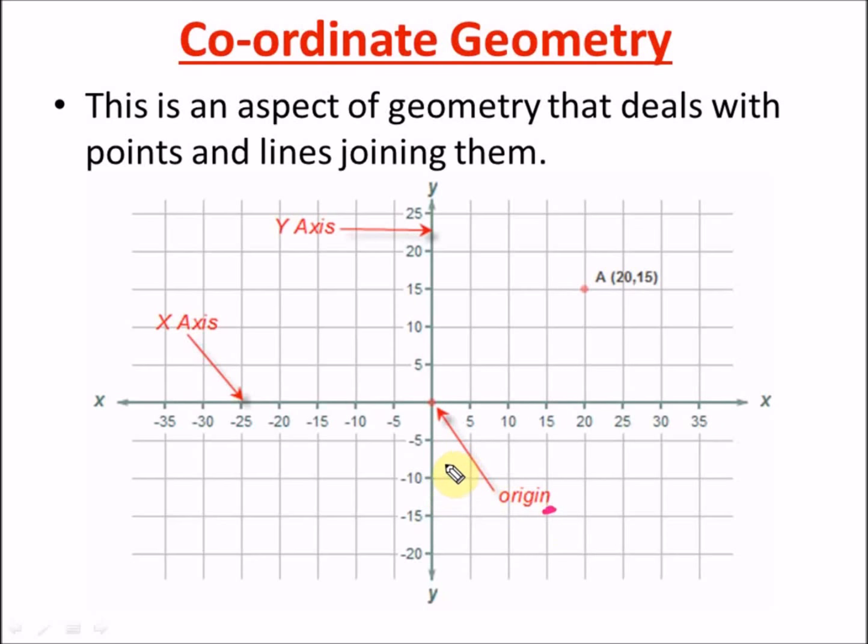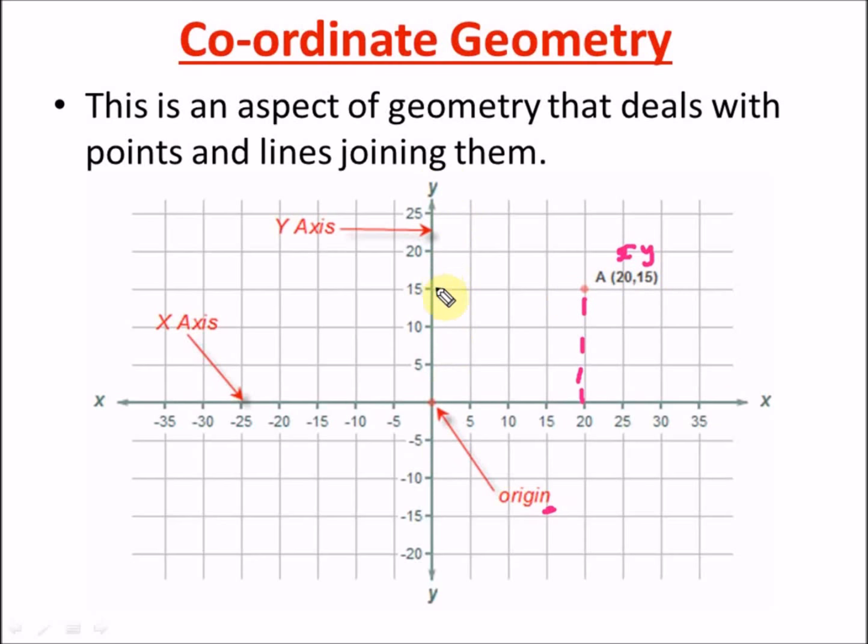To locate a point on your Cartesian plane, let's say you're given point A, which is (20, 15), meaning x and y. To locate x, x is 20, so you come to your x-axis, this is 20, and let's draw some dashes. Then your y is 15.